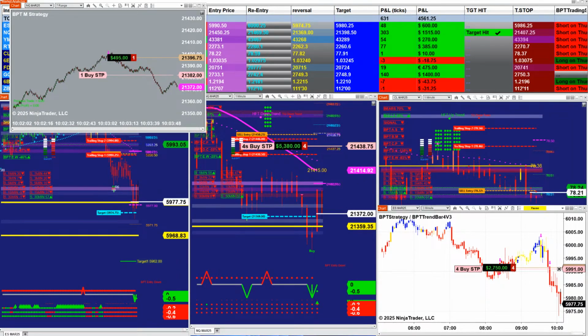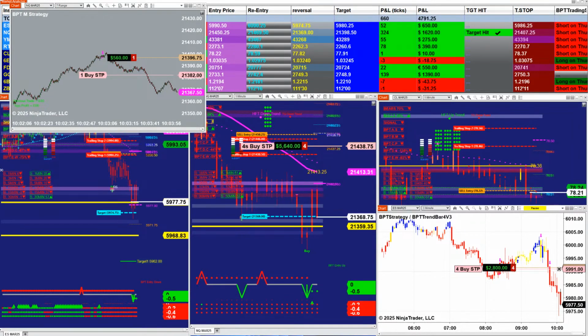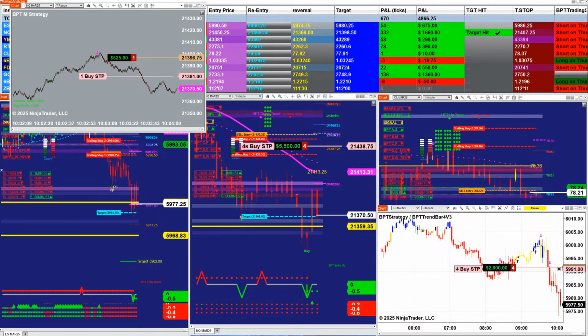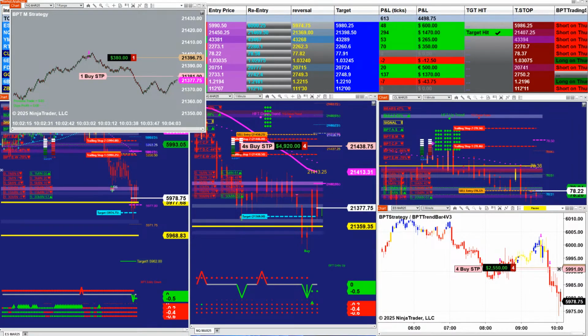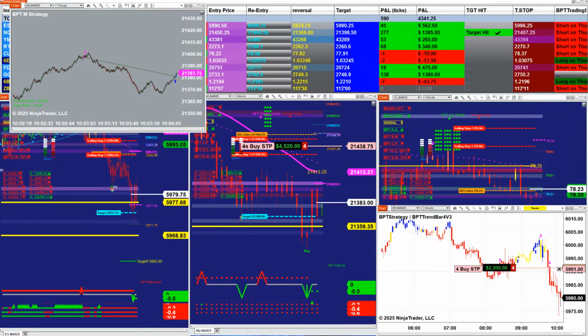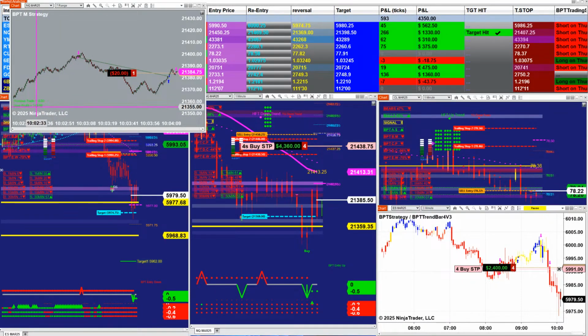Okay, the first trade on that Nasdaq is 530 based on one contract. This is very good. Okay, the first trade we nailed 315 on it.